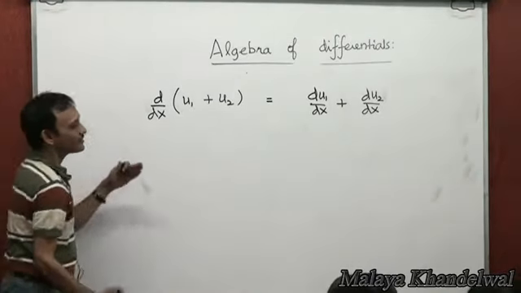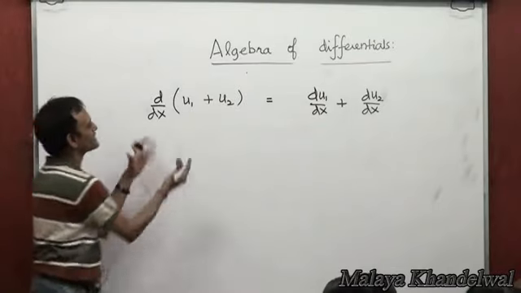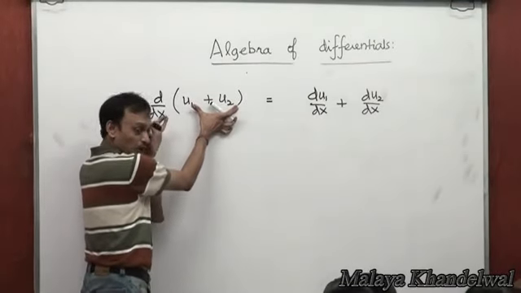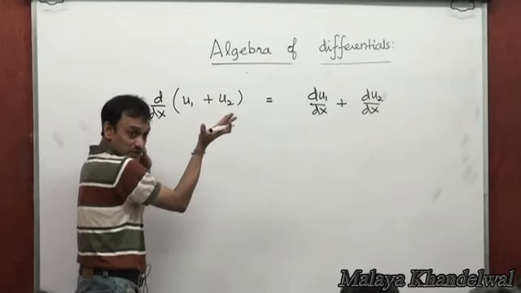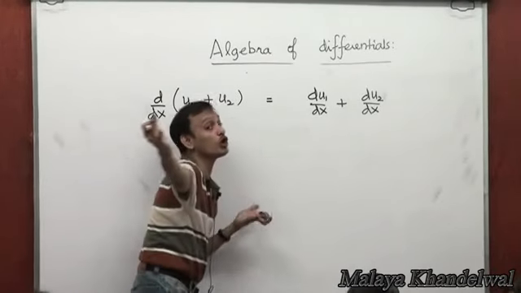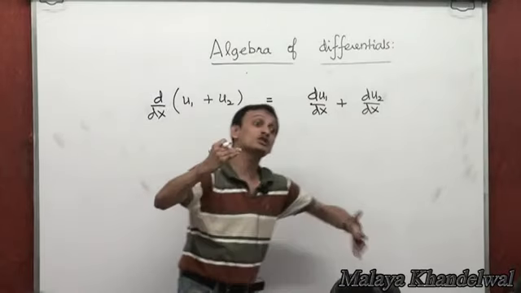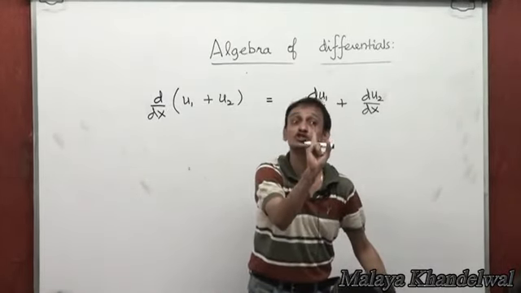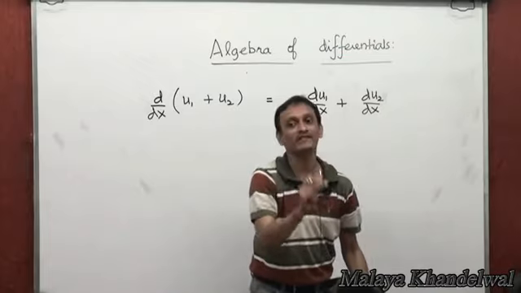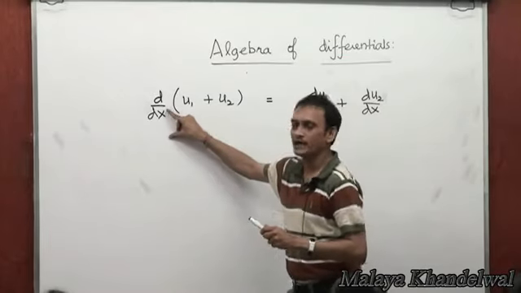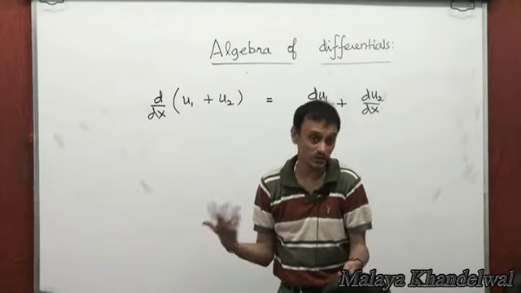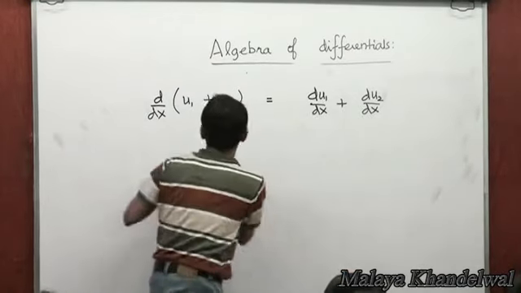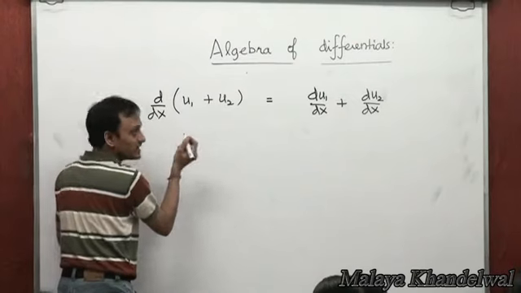Now that I'm looking upon this as a ratio, a small change in this divided by an infinitesimally small change in x, I can multiply throughout by dx. Dx comes closer and closer to 0, but is not 0. And that's the reason I can multiply or divide by dx as I want, because it's not 0. So let me multiply throughout by dx in any case.